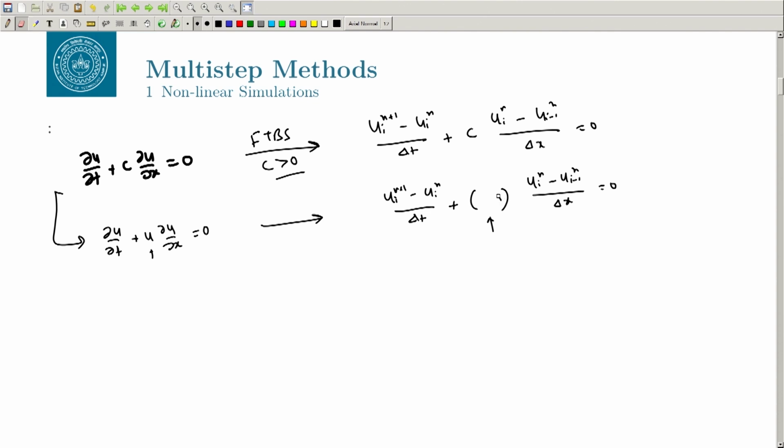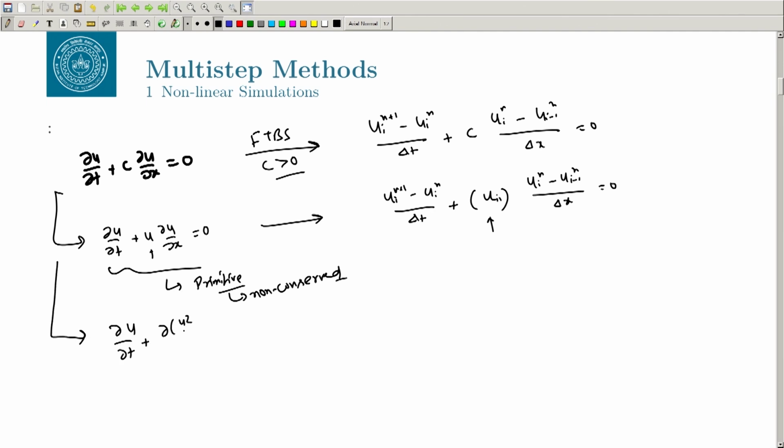This is in the primitive variable, or you can call it the non-conserved equation. So, what we can instead write is del u by del t plus del (u square by 2) by del x equal to 0. You can write f equal to u square by 2, then this is del u by del t plus del f by del x equal to 0.